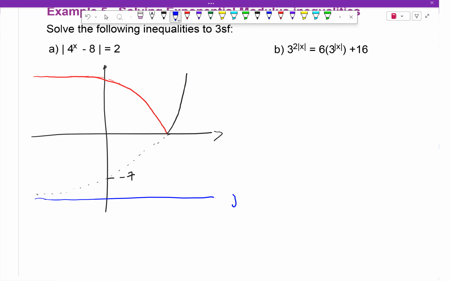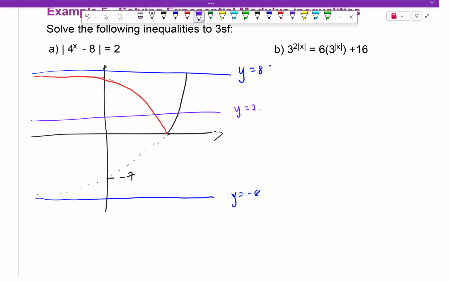That's y equals to negative 8. But because of the modulus, our asymptote becomes here. Now, this thing is equating to when y equals to 2. So we should be expecting two answers, and they are both positive.